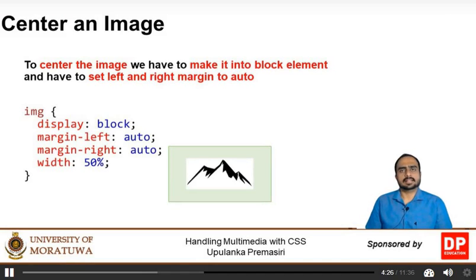We can set the alignments of an image to the center position of the web page. To do that, we have to follow two steps. First, we can make the image into a block element. Then we can set the left and right margin values to auto.